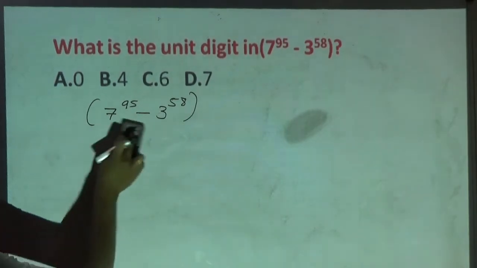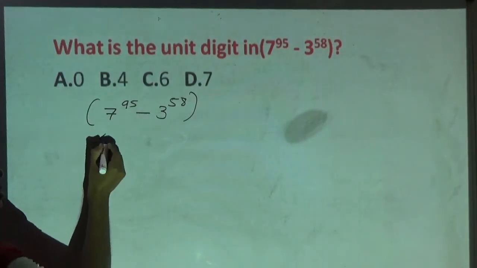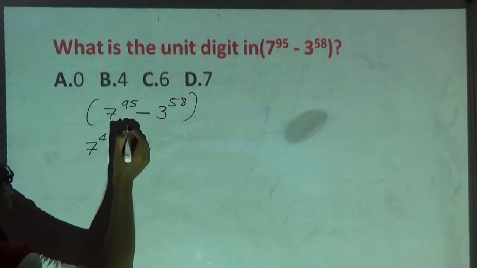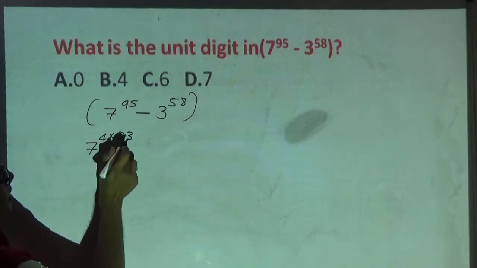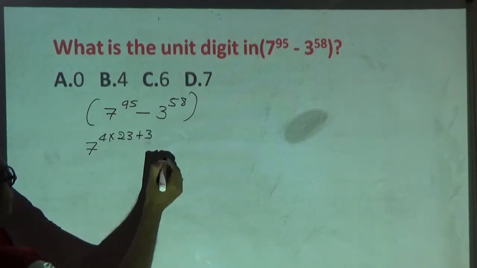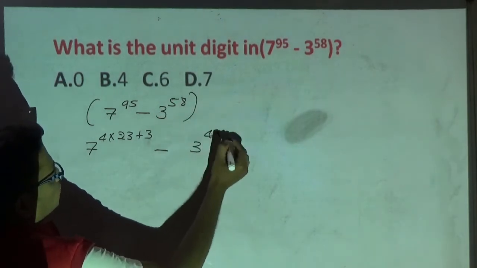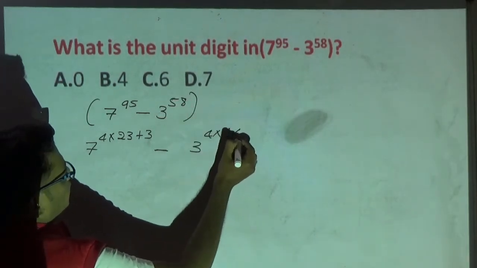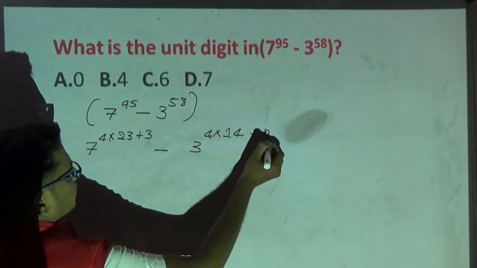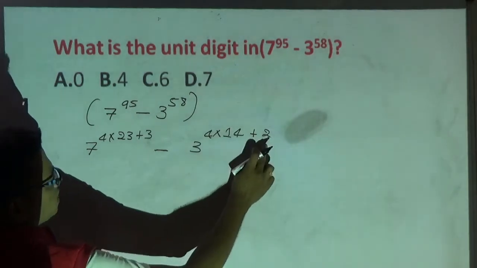Now I am going to split the powers in terms of 4. 95 can be written as: 4 twos are 8, then 4 threes are 12, that becomes 92, but I am at 95, so plus 3. Minus here, 3 power 4 into 4 ones are 4, then 4 fours are 16 plus 2, so 14 fours is 56, and 56 plus 2 is 58.